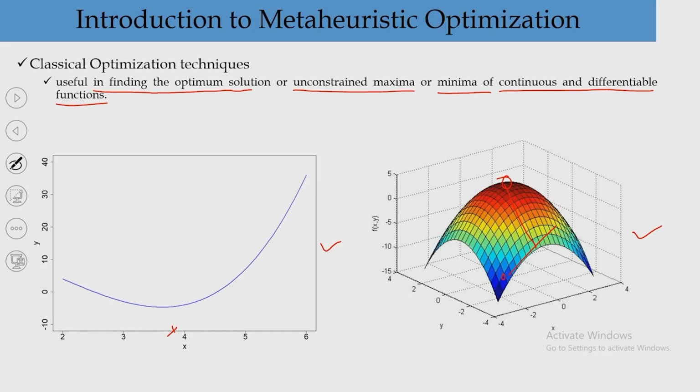These are simple, convex problems. Therefore, if we apply the classical optimization methods, you will be able to find the optimal solution of these problems. There is no need to apply any other algorithms, because the classical algorithms are capable of solving these problems.